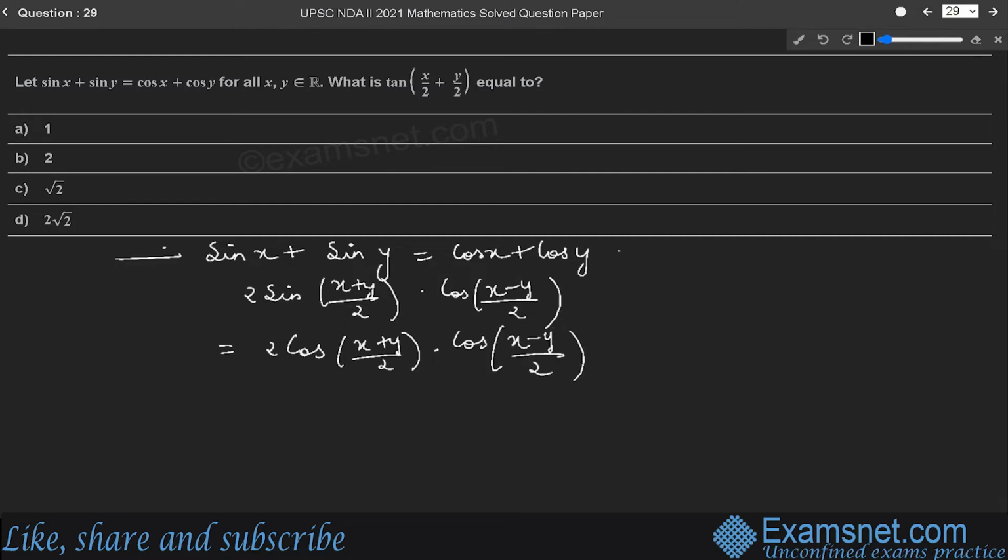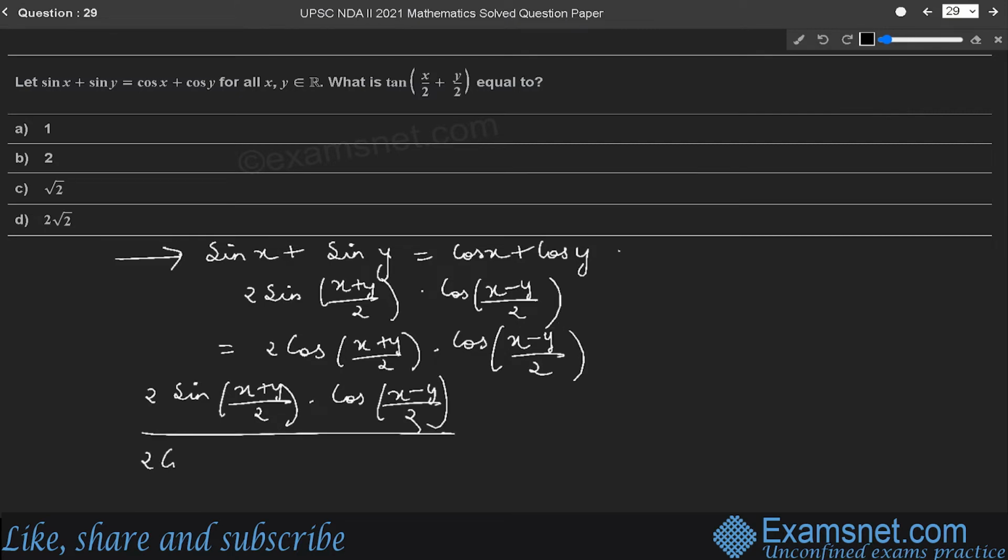See, we have used the formula for sin A + sin B and cos A + cos B. So further it can be 2 sin((x+y)/2) cos((x−y)/2) over 2 cos((x+y)/2) cos((x−y)/2) is equal to 1.